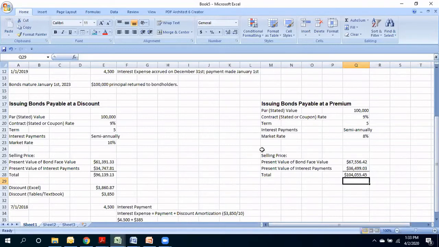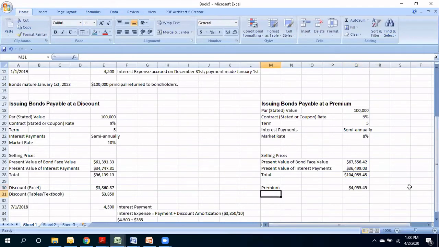That means that because Southwest bonds are paying more than an investor could get in the open market, the investor is willing to pay a little bit more for those bonds. We call that a premium.